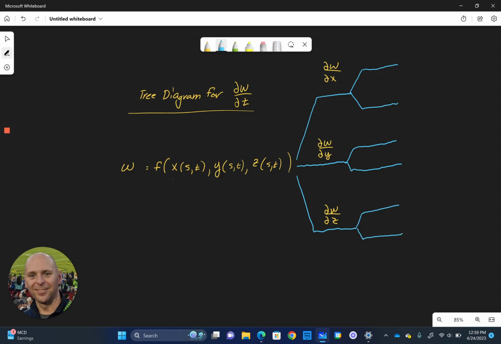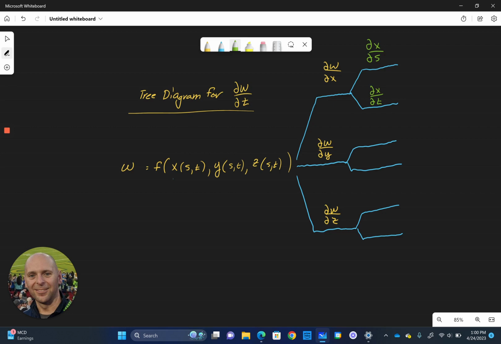And that'll give us all of our possibilities. So we took the partial here with respect to x on this upper branch. So now we'll take the derivative of the inner function there of x with respect to its two variables, and we would have the partial of x with respect to s and the partial of x with respect to t.